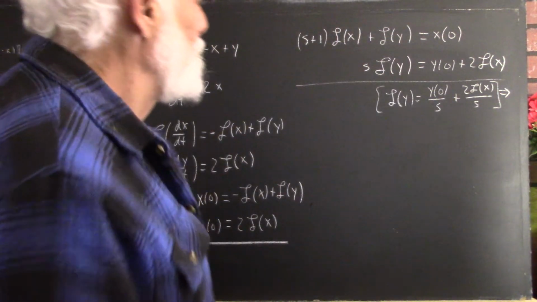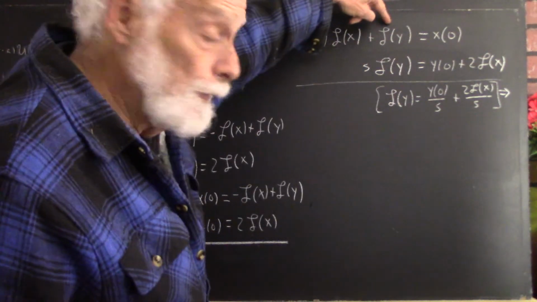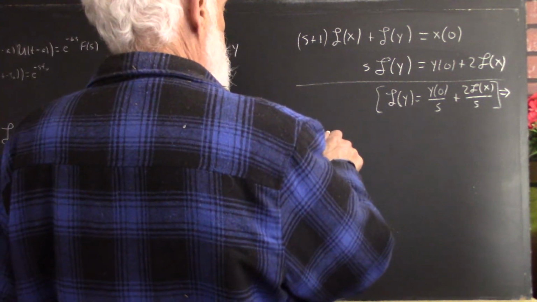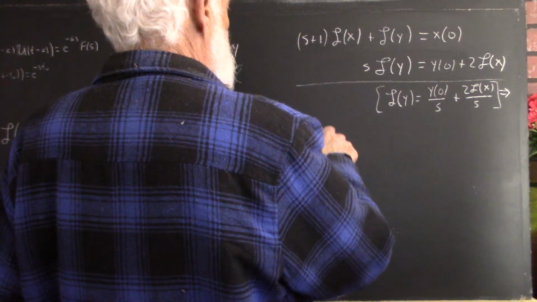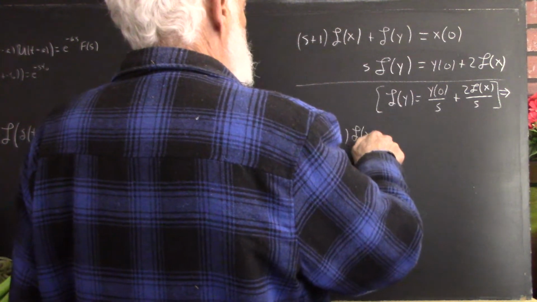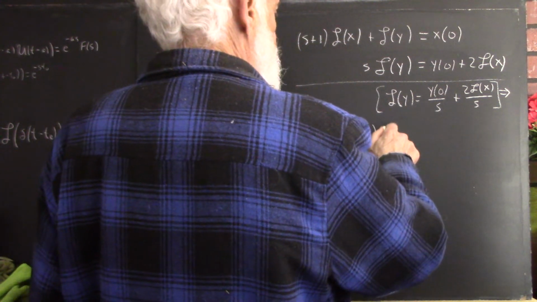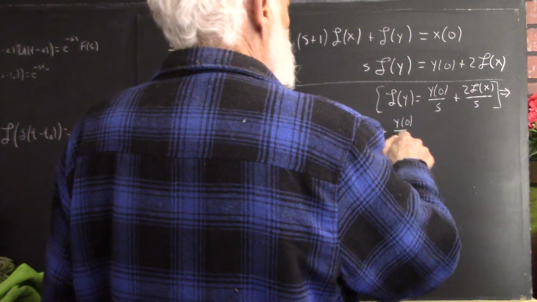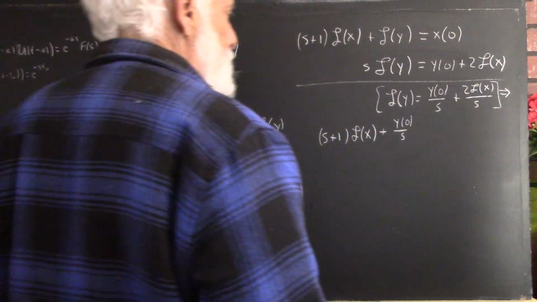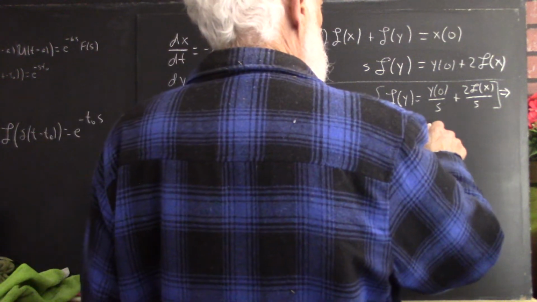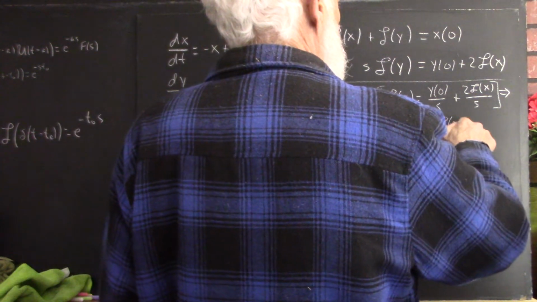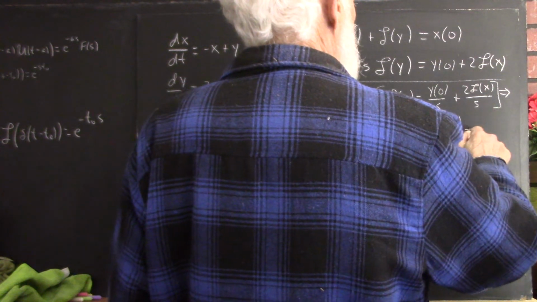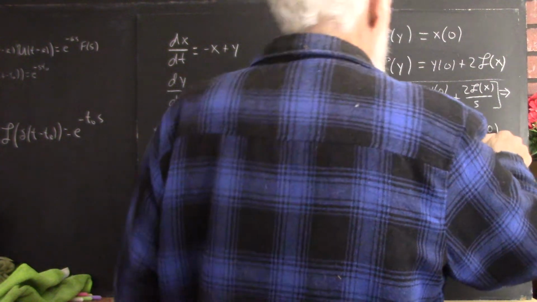And now when we substitute into the first equation for L of y, we're going to get s plus 1 L of x plus y of 0 over s plus 2 times the transform of x over s, and that's equal to x of 0.